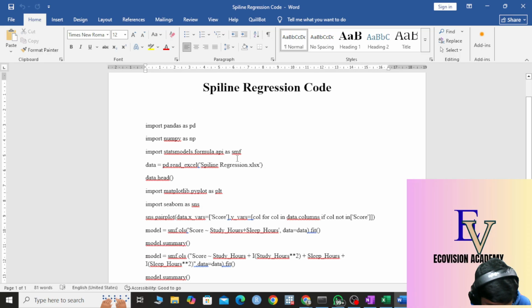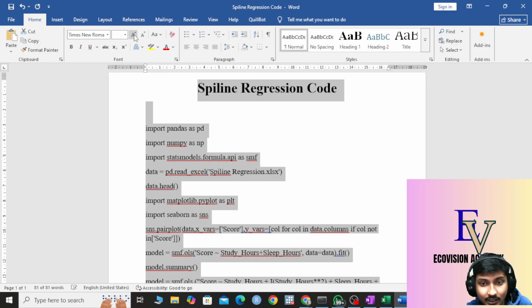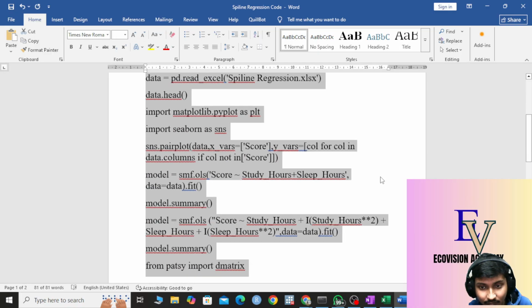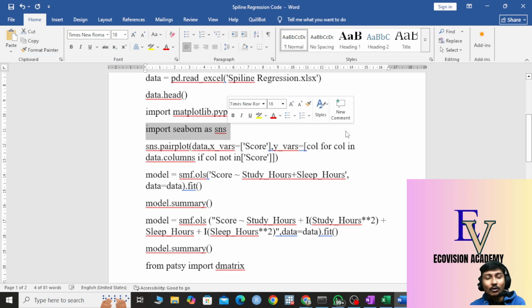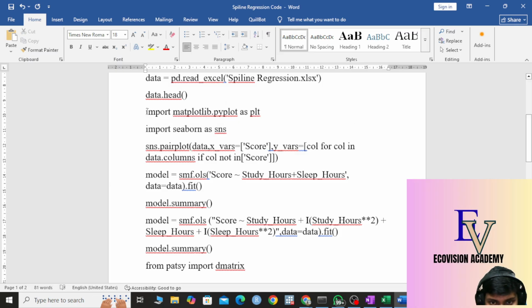Let me make this a little bit bigger so you can see from here. Seaborn is also used for visualizations. So I will go with matplotlib.pyplot as plt and seaborn as sns.